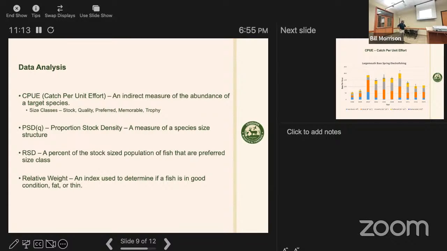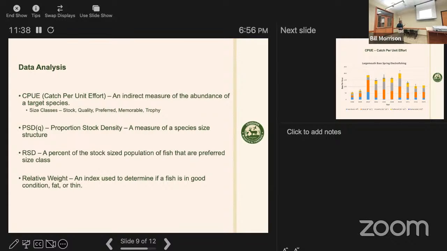All right, and PSD, they call it proportional stock density. It gives you an indication of size structure. So we break down fish into different length groups. They call it stock, quality, memorable, and trophy. And what PSD does is give you a percentage.